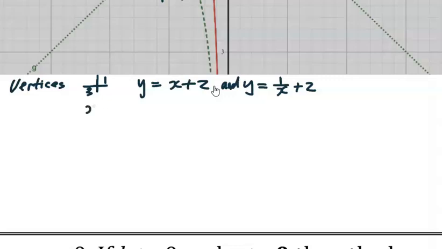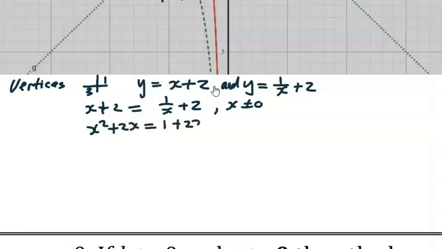So I have to solve x plus 2 equal to 1 over x plus 2. If I do that, x may not be 0, so I can multiply both sides with x. So I get x squared plus 2x is equal to 1 plus 2x. So that gives me x squared equal to 1, because I can cancel that. So therefore x is equal to plus or minus 1.